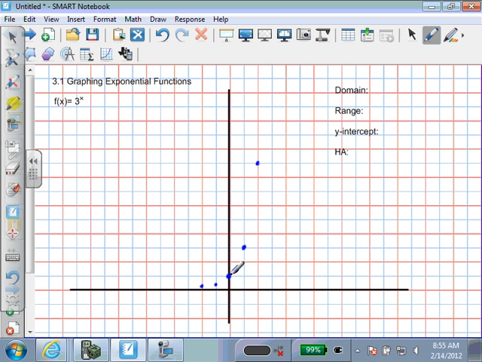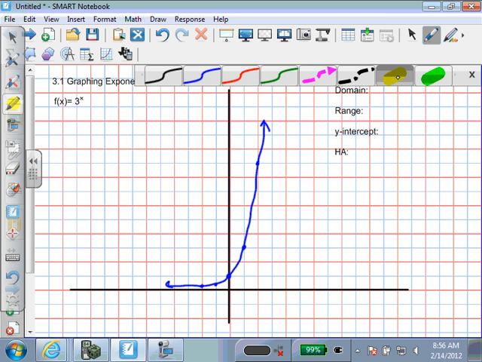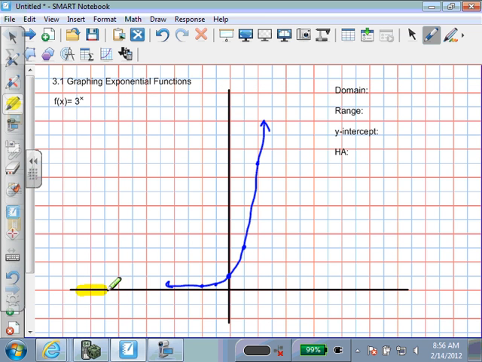So I have rapid growth over here, and I have approaching a horizontal asymptote over here, which I could even show in yellow.